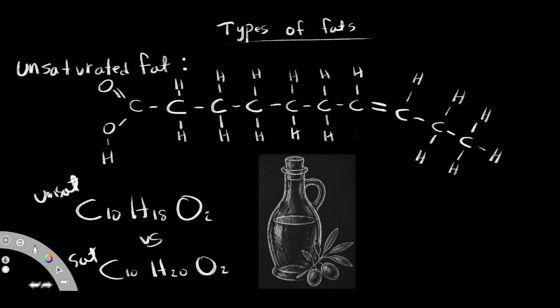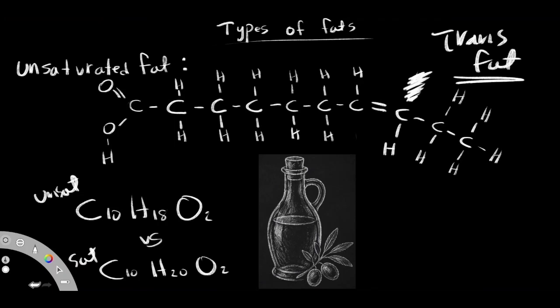I also want you to know why trans fats are considered unhealthy as well. So a trans fat has double bonds though. However, you see this H, okay? It's not up there. It's now down here. So you see how this can be a problem. Because even though there is a double bond in a trans fat, we're looking at trans fat right now, it is becoming more stable, right?